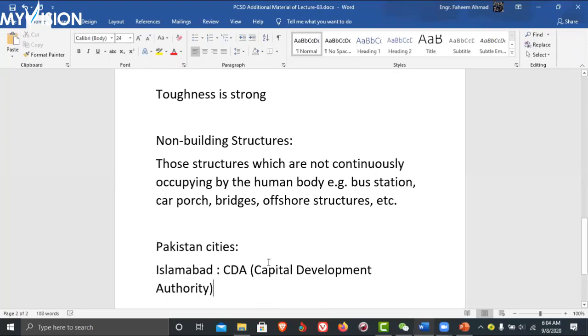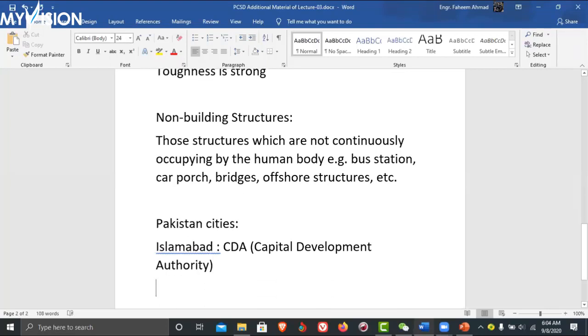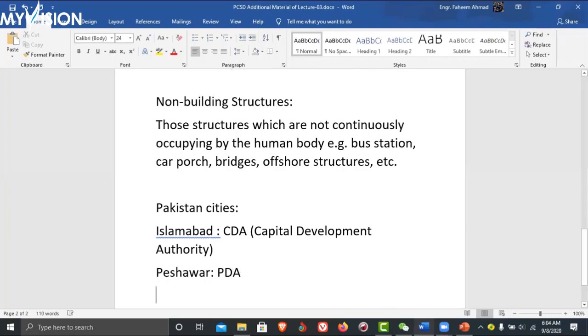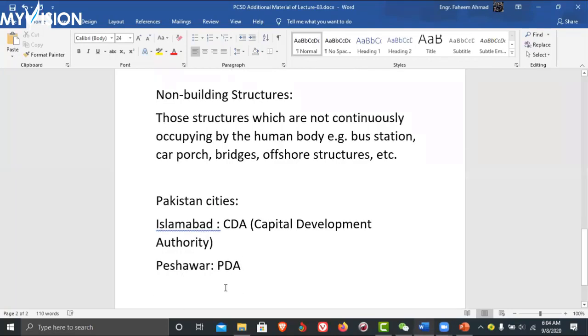Authority. Similarly, for another city like Peshawar, the development authority name is PDA, Peshawar Development Authority. Similarly, for Rawalpindi, it is RDA.